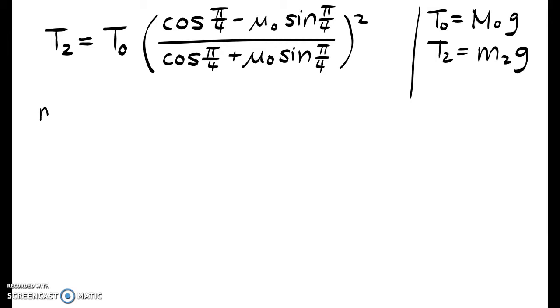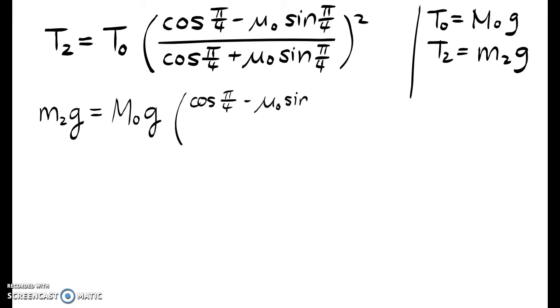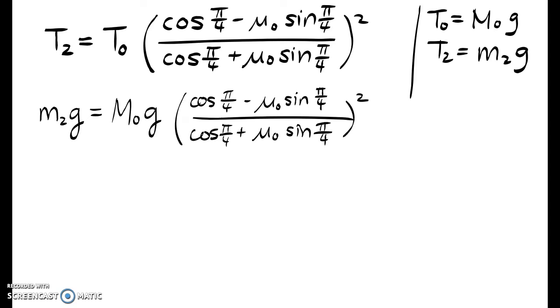We know that T2 is equal to M2 times G, and T0 is equal to M0 times G, times this coefficient of cosine minus mu sine over cosine plus mu sine, over pi over 4, and the coefficient is squared.